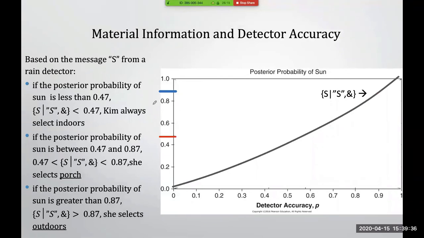So we have already established when the probability of sunny day is below 0.47, that means when the vertical axis is in this range, then if Kim receives a sunny day message, that will not change her decision at all. So when the posterior belief is in this range, Kim would still choose indoor.